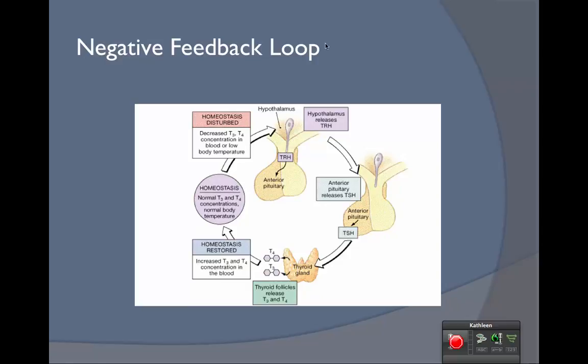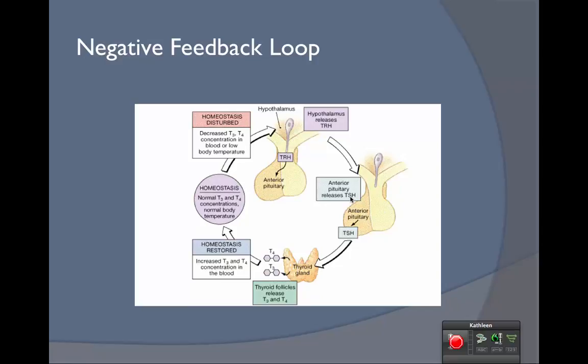In hypothyroidism, what happens is you get decreased thyroid hormones T3 and T4. This stimulates the hypothalamus to secrete TRH, which is thyrotropin releasing hormone, which stimulates the anterior pituitary gland to secrete TSH.